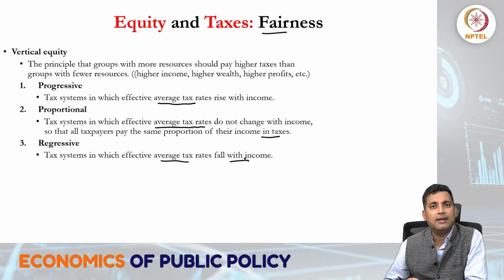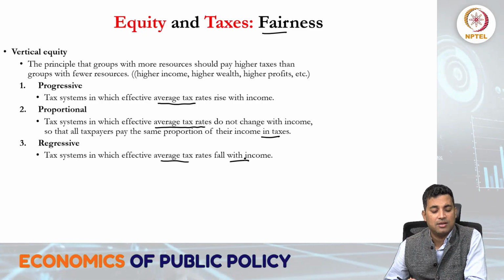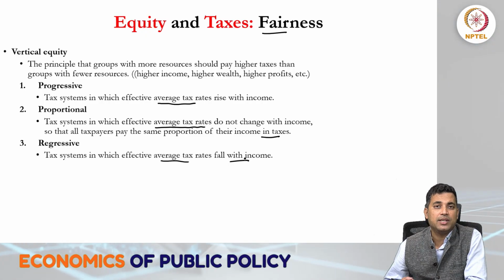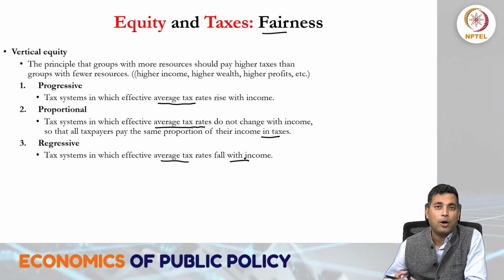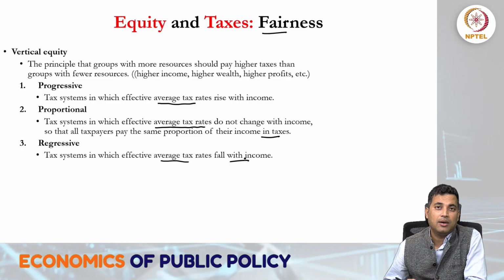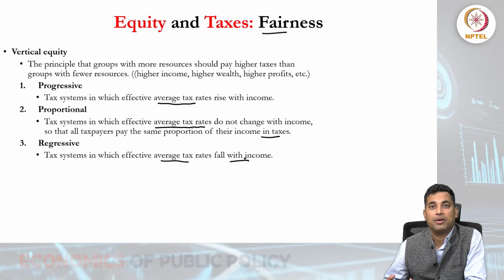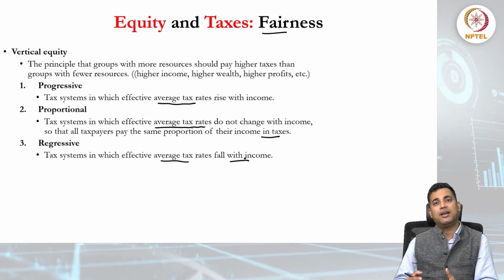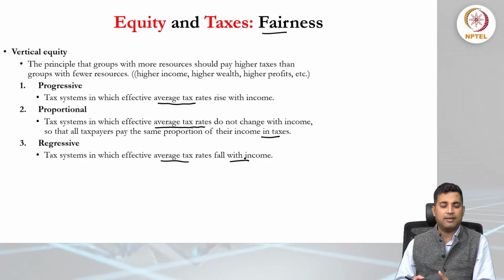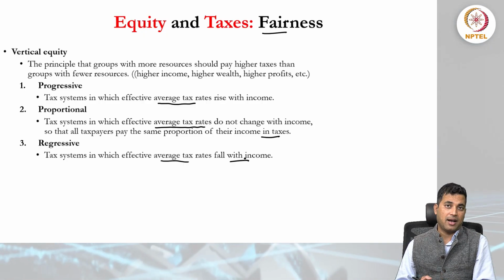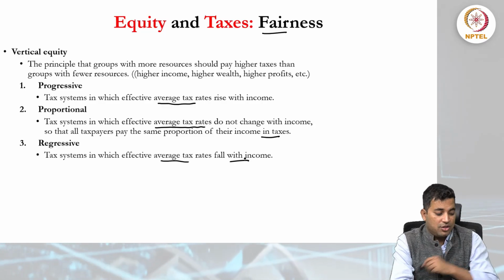And we can also see that poor people or lower income groups sometimes end up paying more taxes. So this is definitely not proportionate, and this can be referred to as a regressive taxation process.